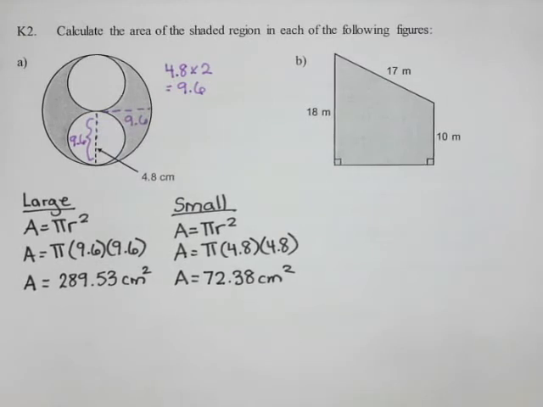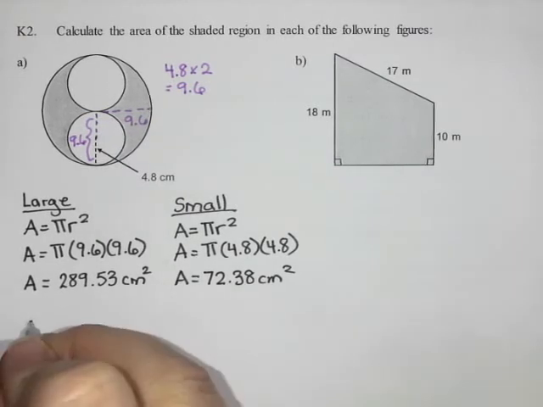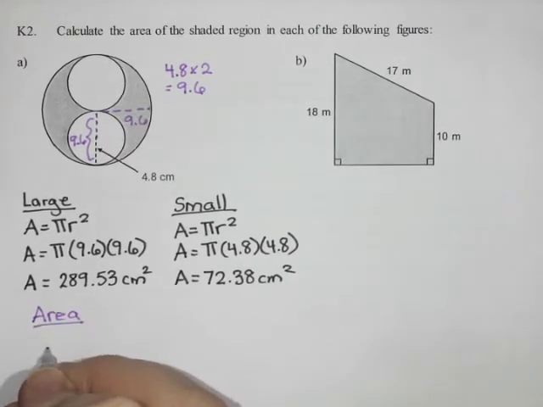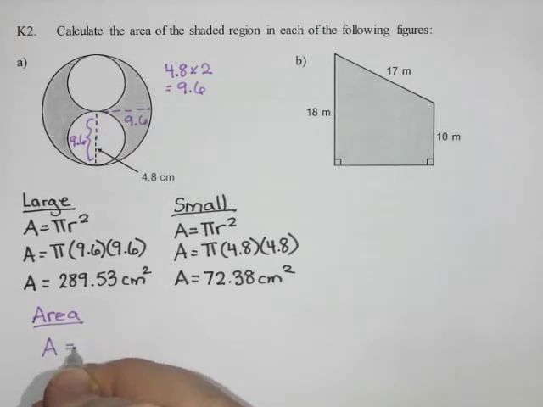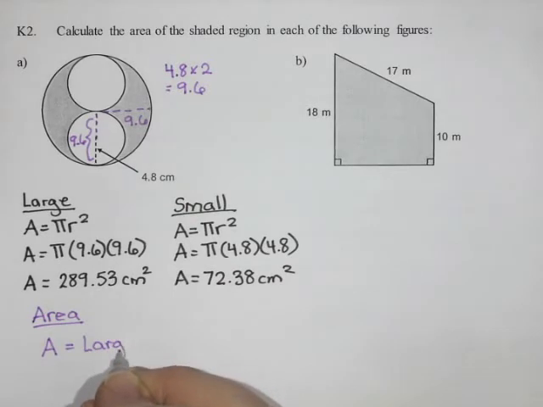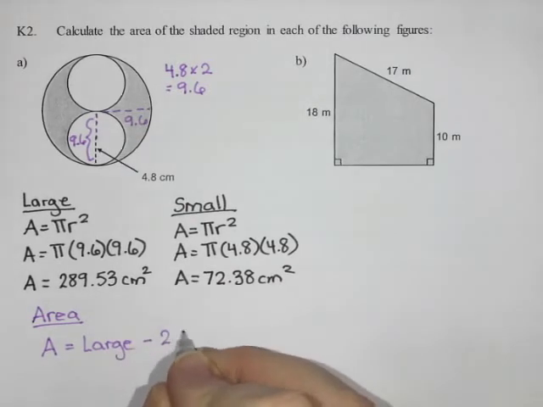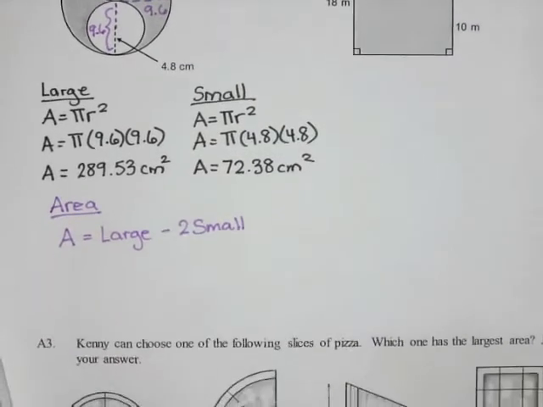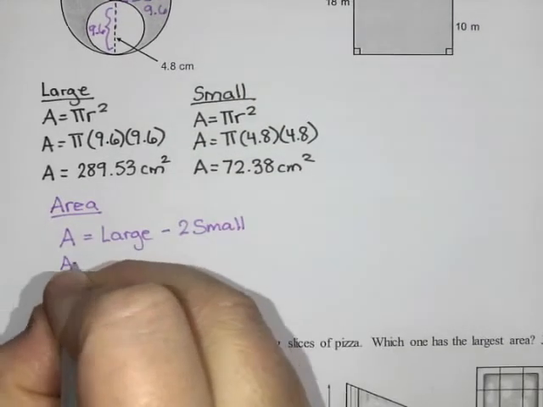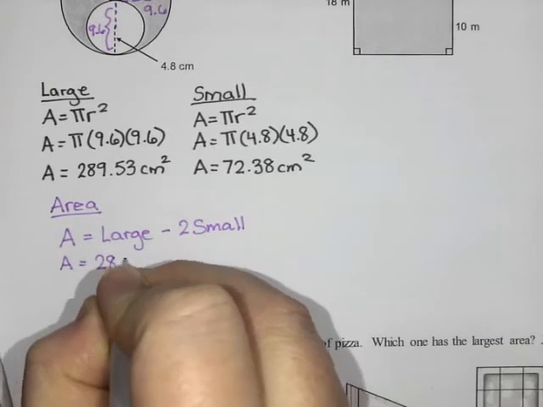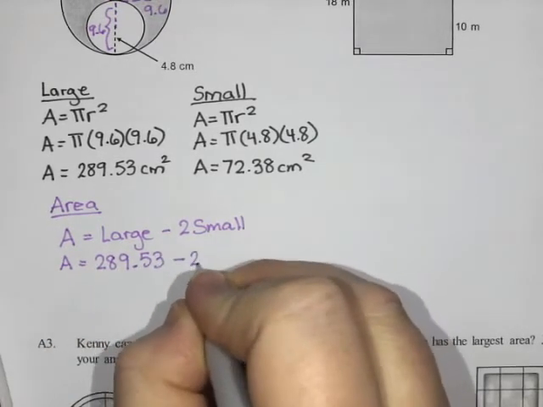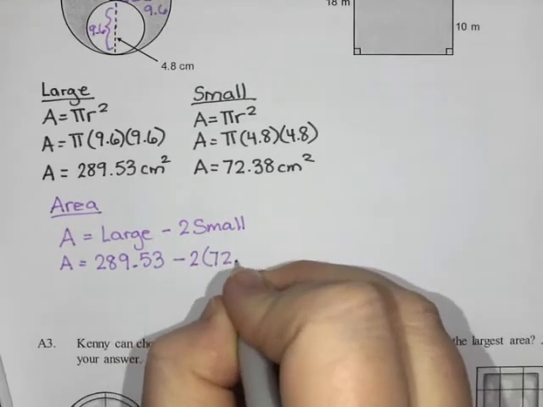To get the area of that combined shape, I need to take the large circle and subtract 2 small circles. So I'm going to do 289.53 take away 2 times 72.38.